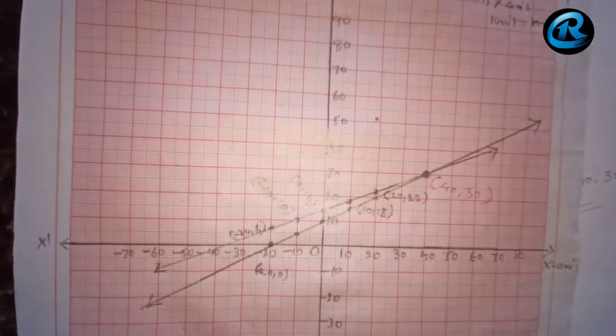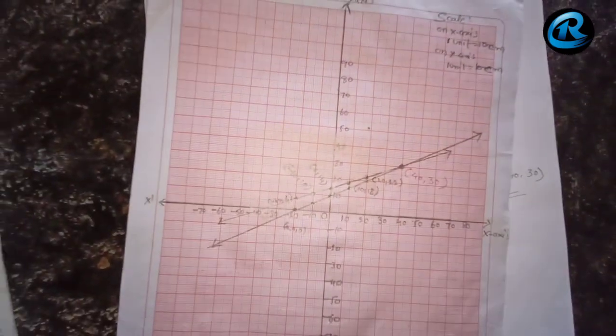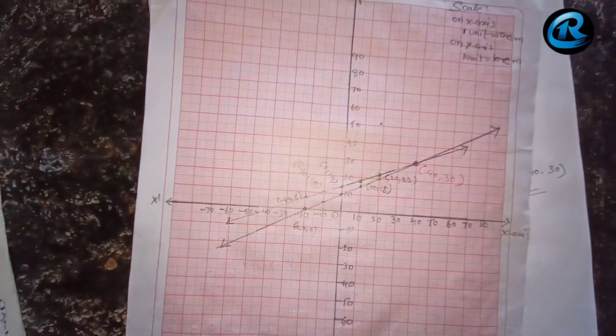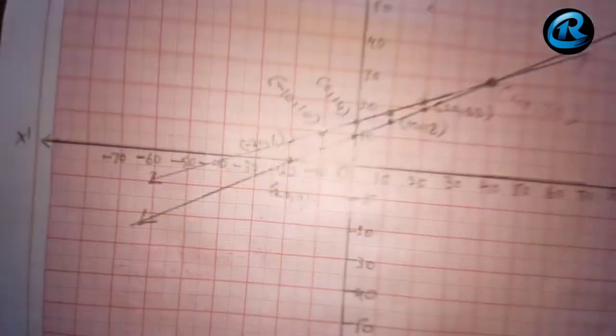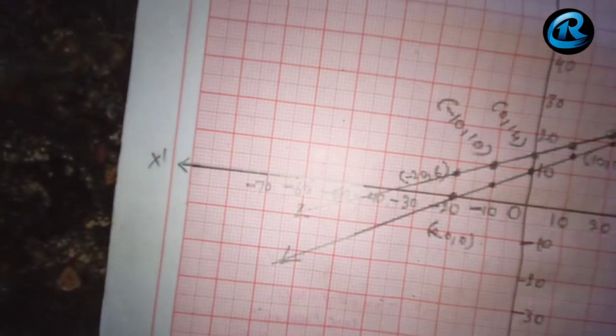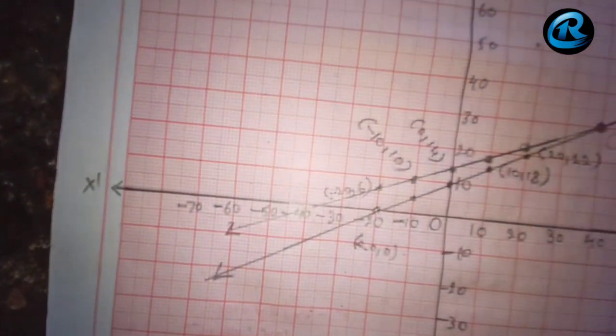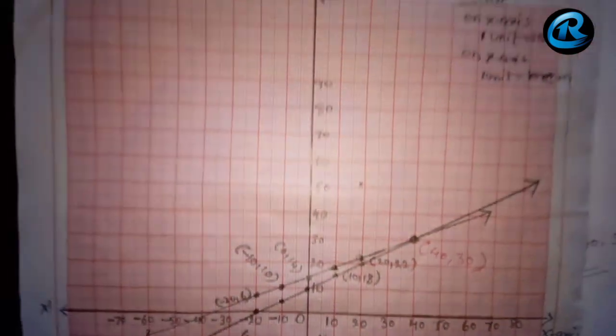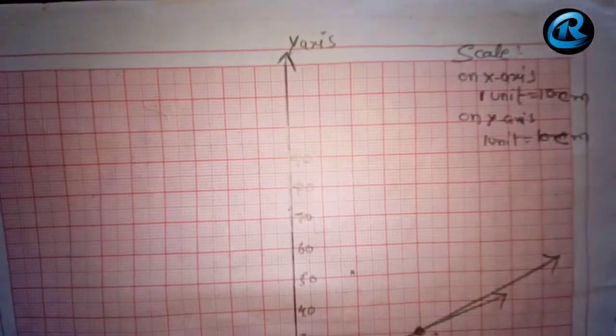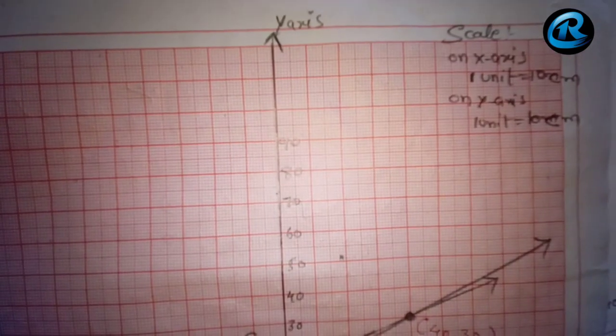By locating the points you understand how you get the x values and y values. Clearly all the points are there in the table. Those points you have to plot clearly on the graph.